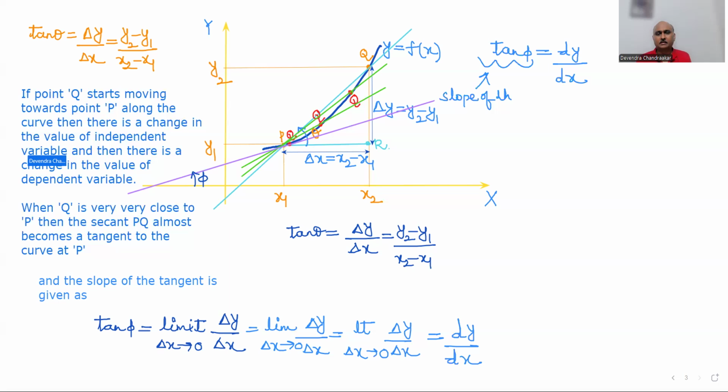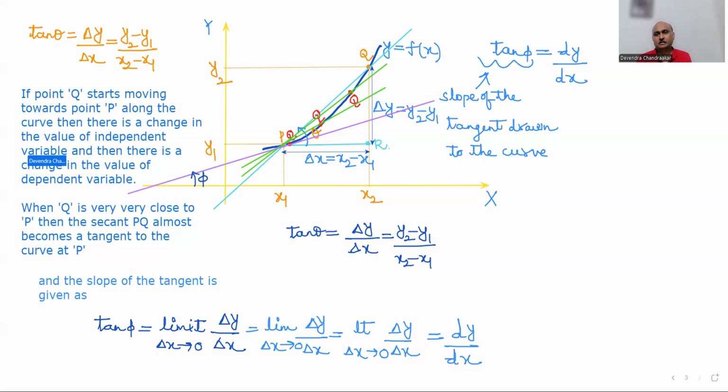Slope of the tangent drawn to the curve. What is this dy by dx?